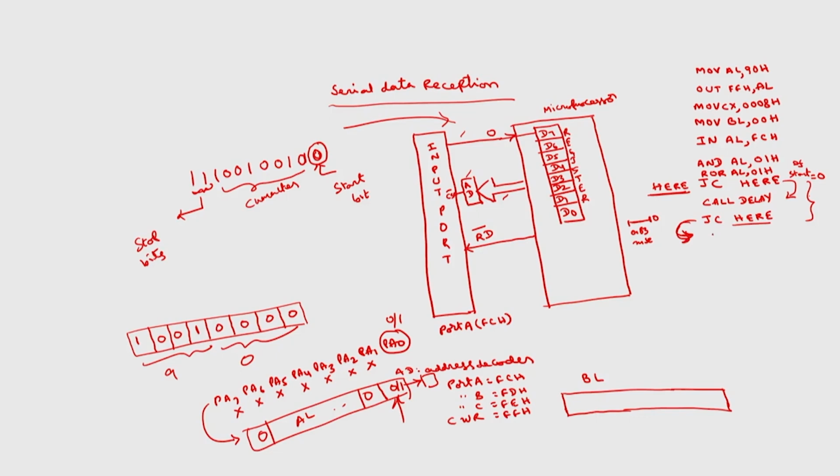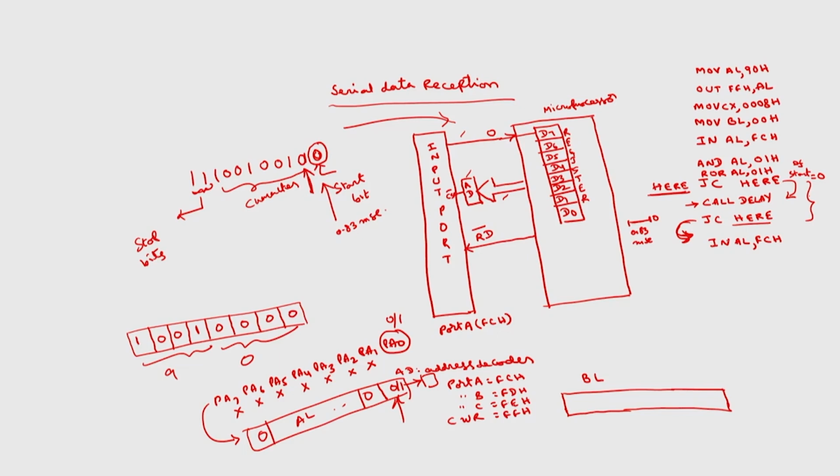So, for the first character bit, again I will write AL, FCH, because I have already called the delay. The second bit that should be received will be this. I have kept the start bit for 0.83 milliseconds, so after that the bit received will be the next bit, which is the first bit of the character.